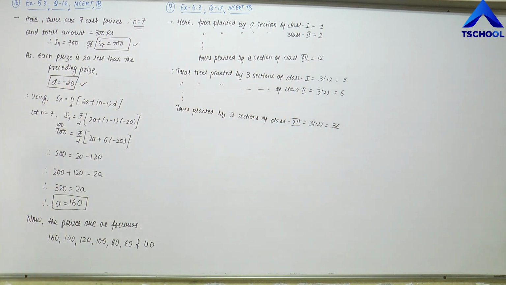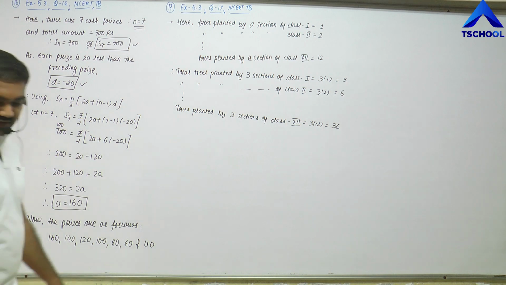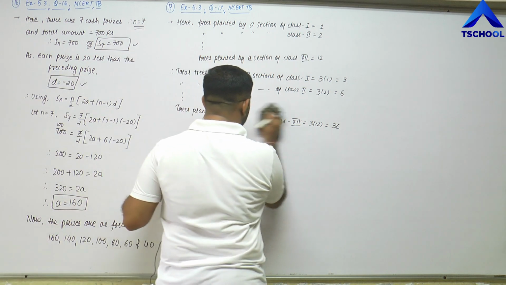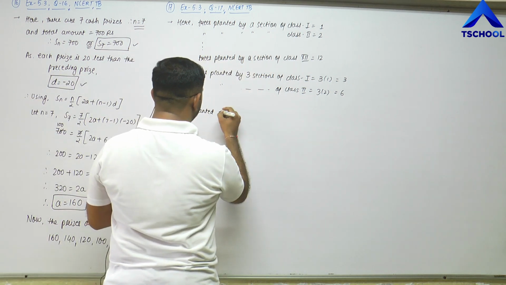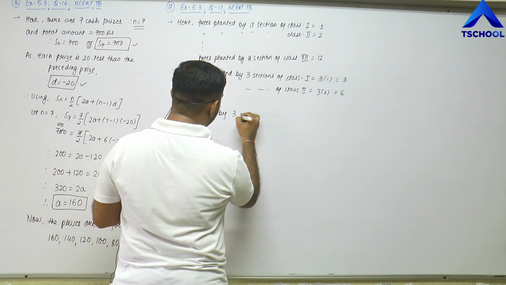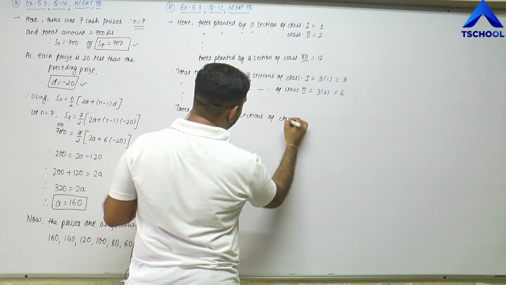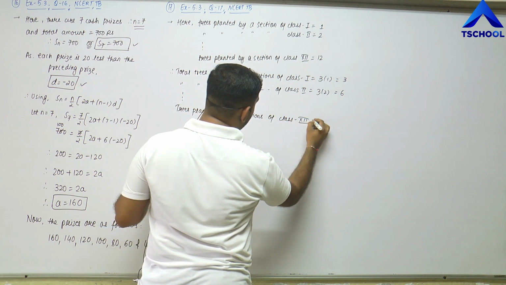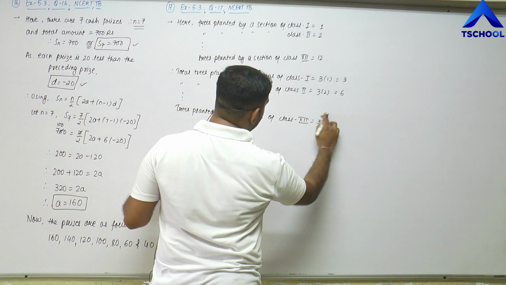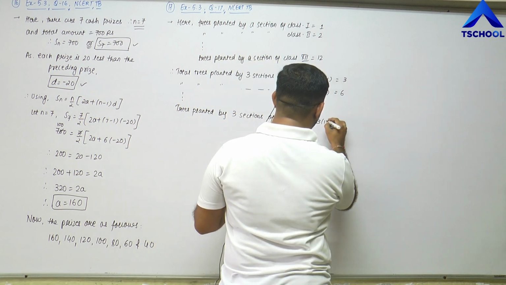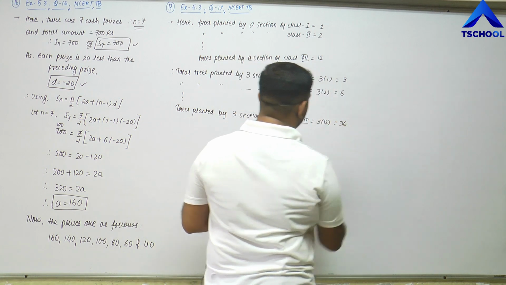Now friends, you can clearly see here the trees planted by all the 3 sections of class 12, that is 3 into 12, is equal to 36.